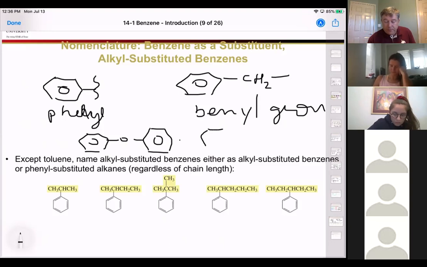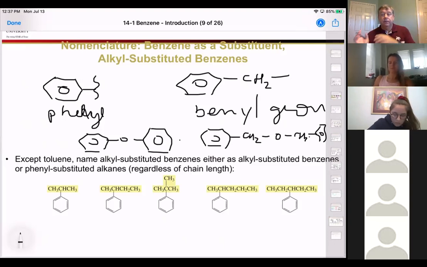However, if we had 2 of these with that CH2 in between the oxygen, that's a benzene ring there, trust me, that is dibenzyl ether. So when we're using it as a substituent and cannot take it as our parent, we'll use the name phenyl for directly bound to the benzene ring, and benzyl if you have a CH2 in between the benzene ring and whatever group it's attached to.